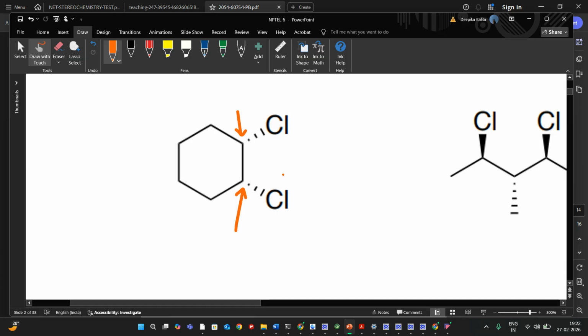But this molecule is going to be a meso compound, okay? Because you can split this molecule into two equal halves via an axis which is going to pass through this.